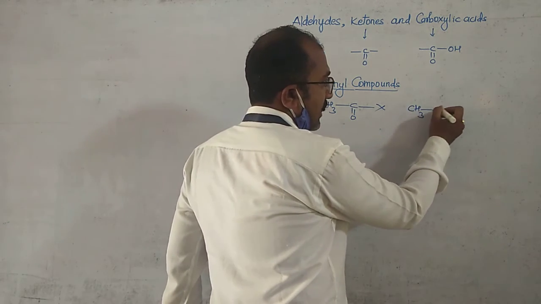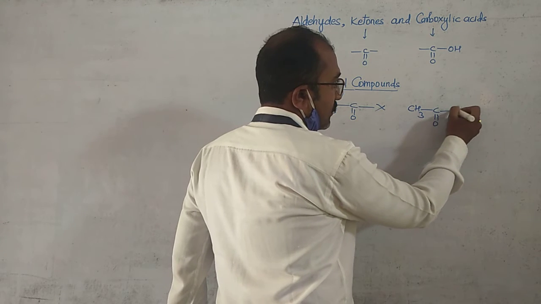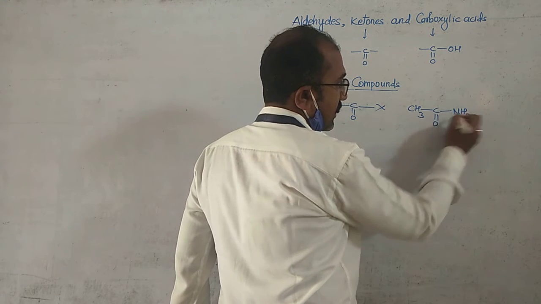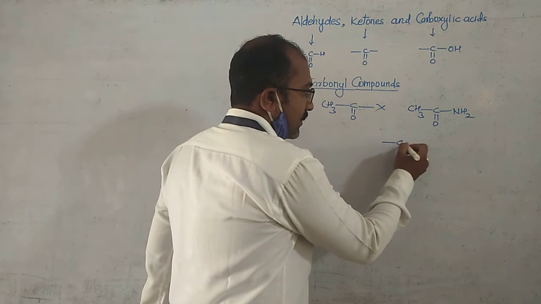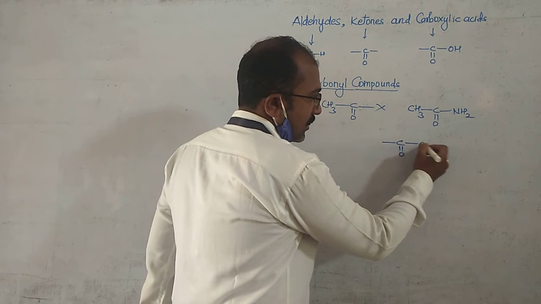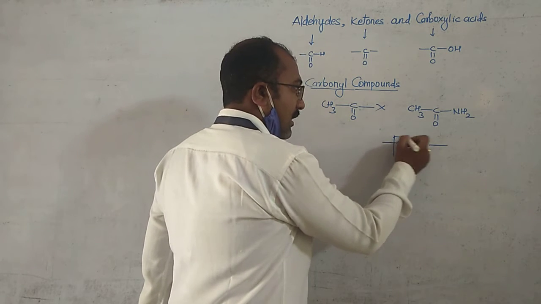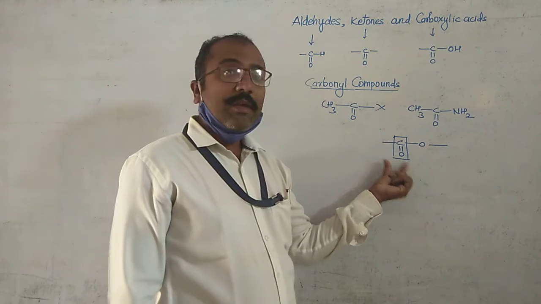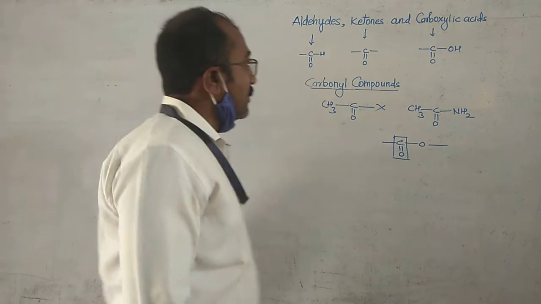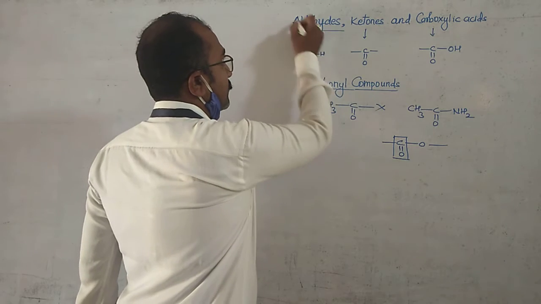Amides are also carbonyl compounds because they also contain the carbonyl group in their molecule. Similarly, esters, which have the functional group COO, are also carbonyl compounds because they contain the carbonyl group in their molecule. First of all, the aldehydes.